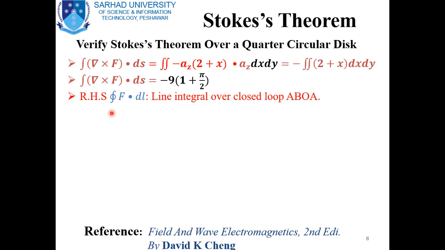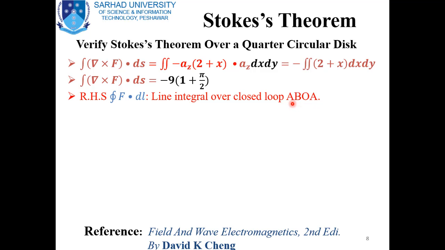Now our right hand side contains the line integral of the vector f, and we have to solve this line integral over a closed path. So our closed loop is a, b and then o, and our final point is again a.